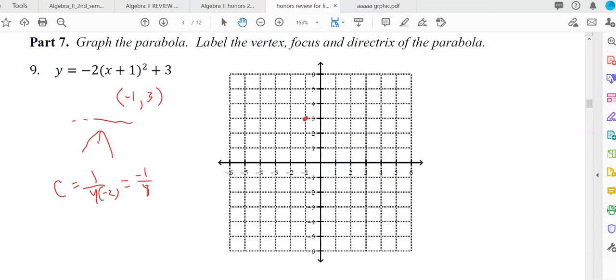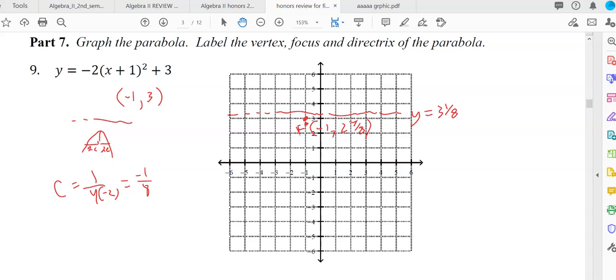So go down 1/8, go up 1/8. So that'd be Y equals 3 1/8, or 25/8. This point would be negative 1, 2 7/8. That would be the focus point. And then I would go 2, so this distance is 2c in each direction.